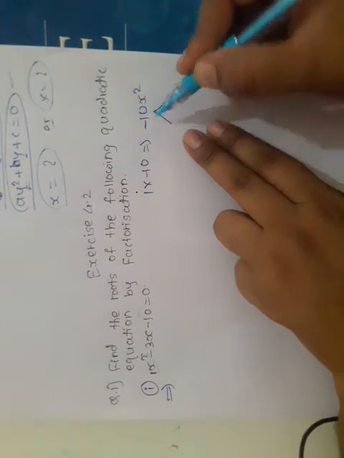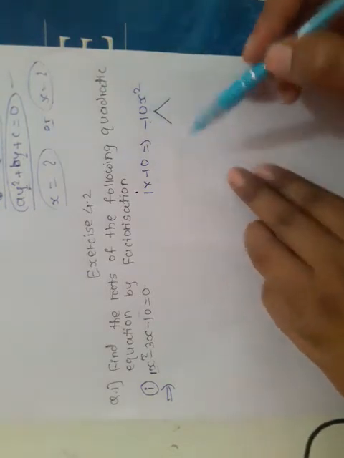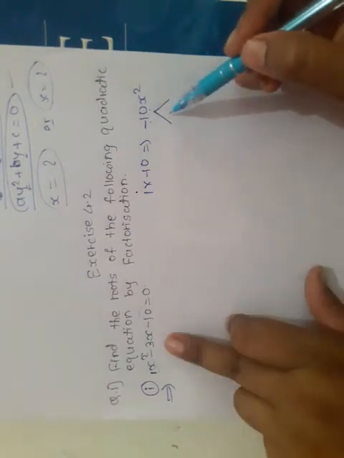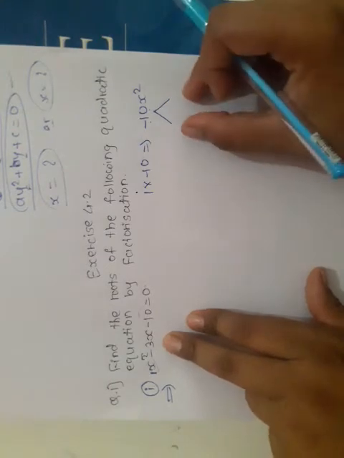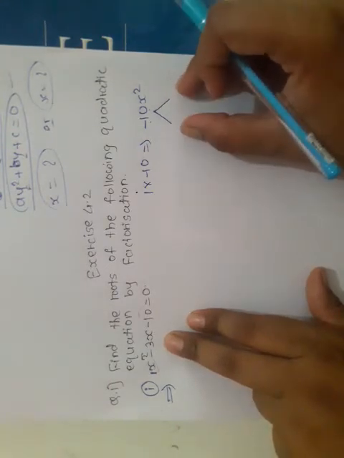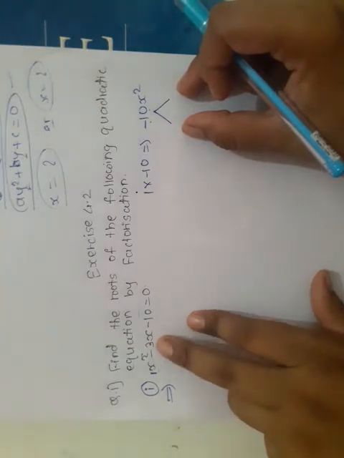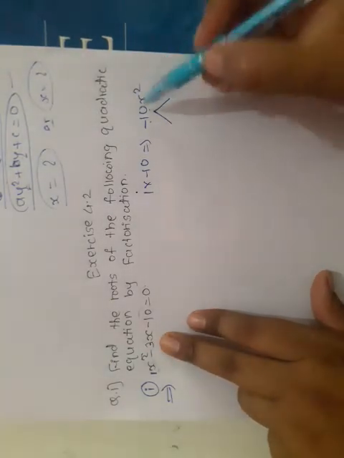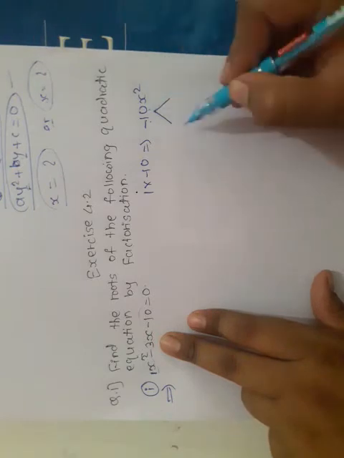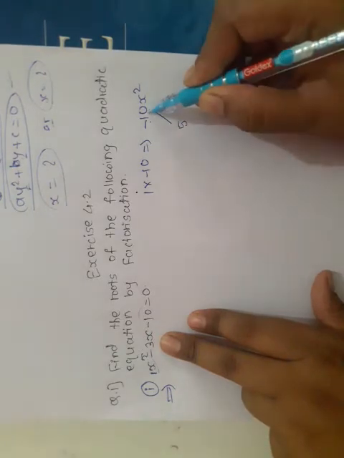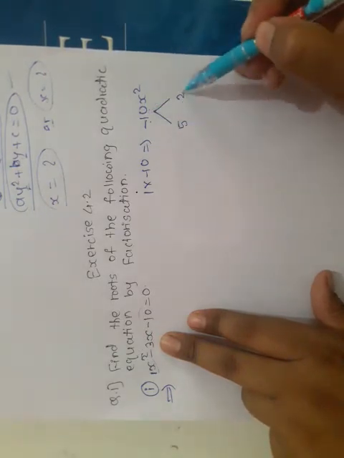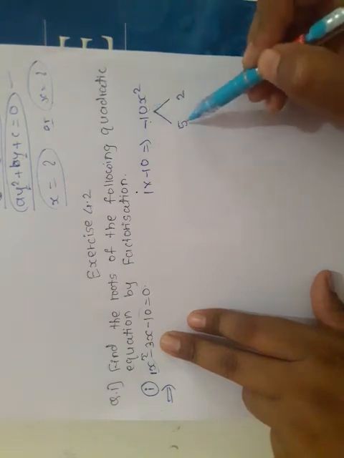How can we factorize minus 10x square? When we find the factors of minus 10x square and add those factors, we get minus 3x. We know very well 5 into 2 is 10.